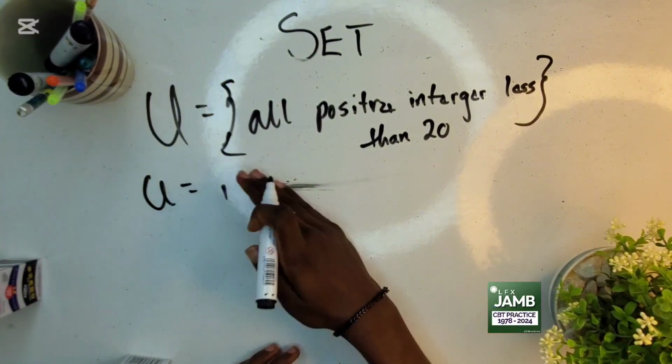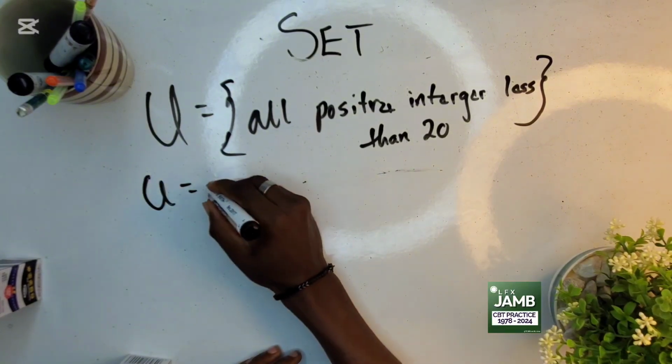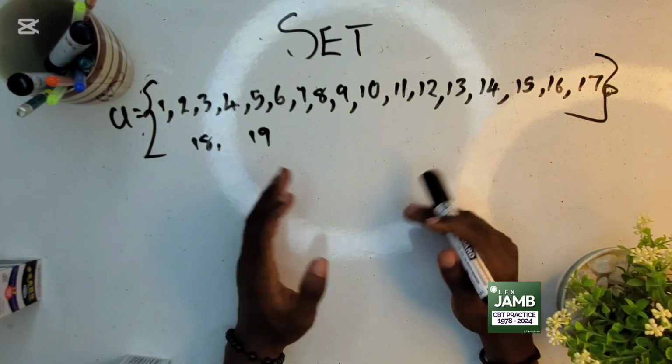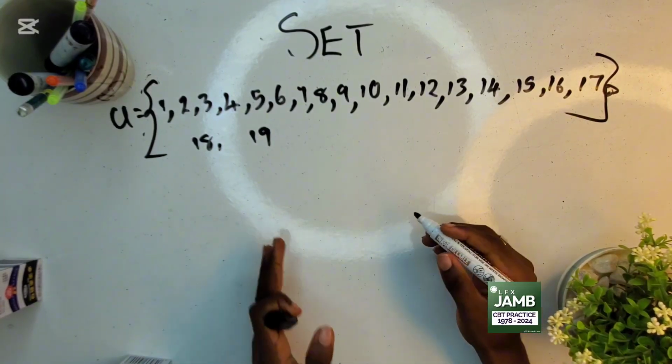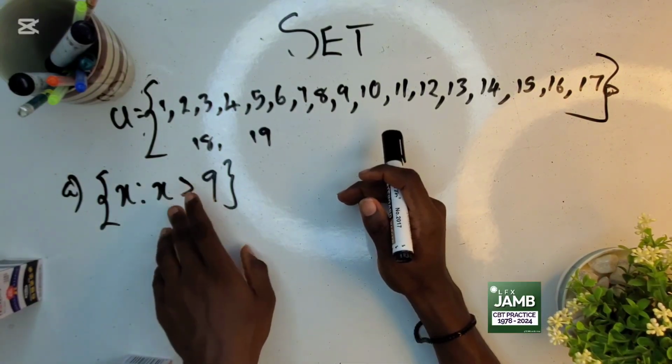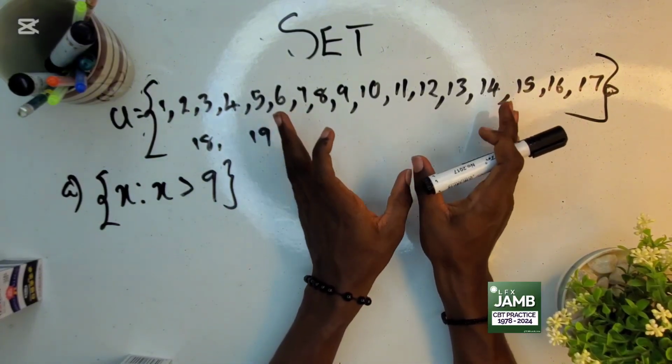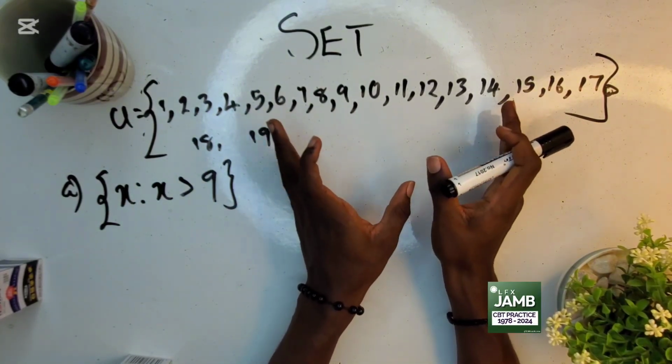So we have accurately written all positive integers less than 20. So if you are asked to find x, if x is greater than 9, this is the universal set, and these are all the elements under our consideration.